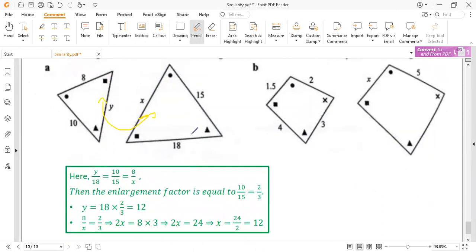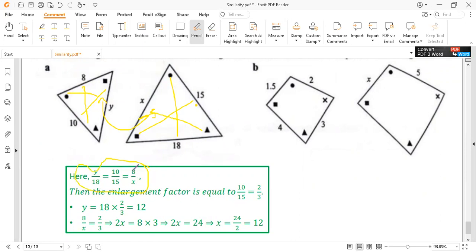For example, the opposite to the circle and the opposite to the circle, so we can say that y over 18 is in the same ratio as the opposite to the rectangle, 10 over 15, and the same ratio of the opposite of the rectangle over the triangle, 8 over x. All these ratios or quotients are in the same ratio.